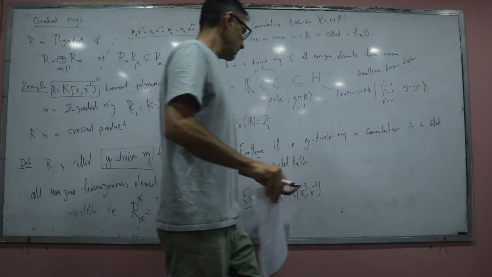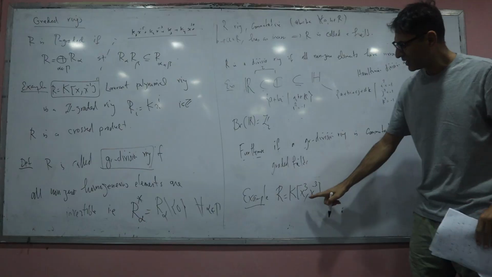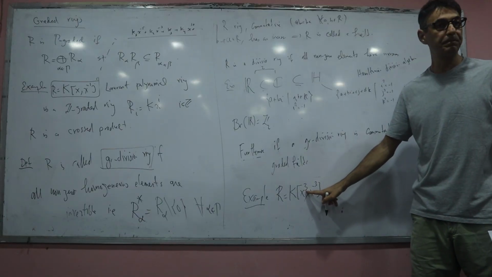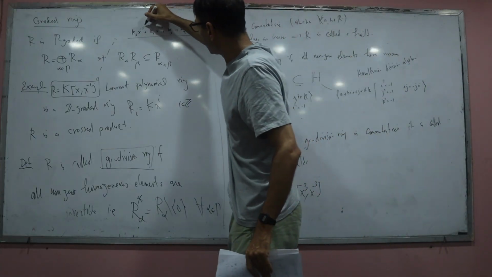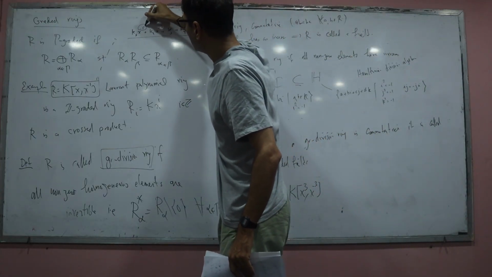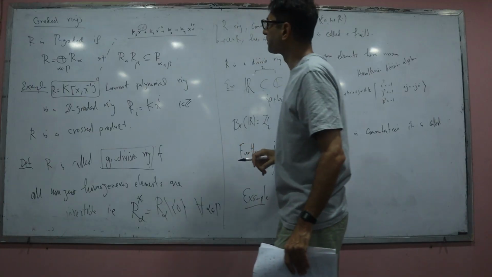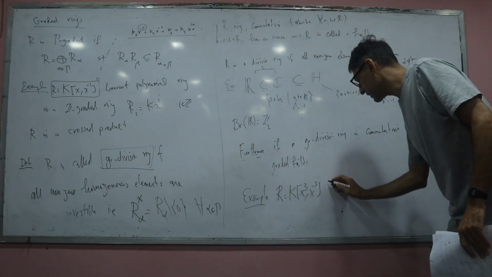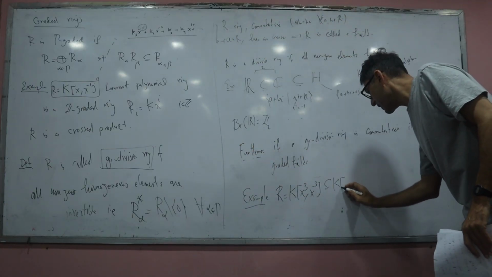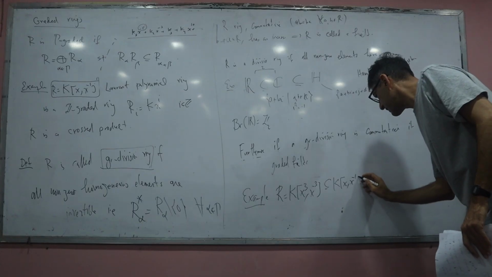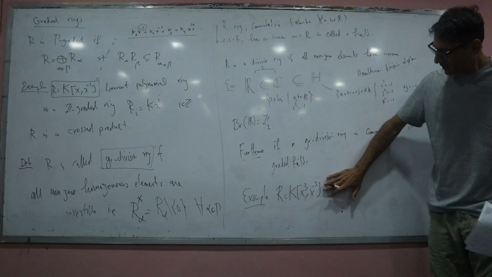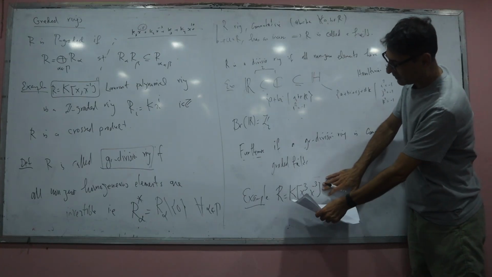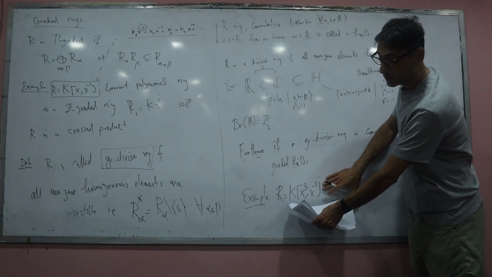Here, what I mean is everything is a multiple of 3. So your polynomials, the powers are multiples of 3. So this is inside k[x, x inverse].